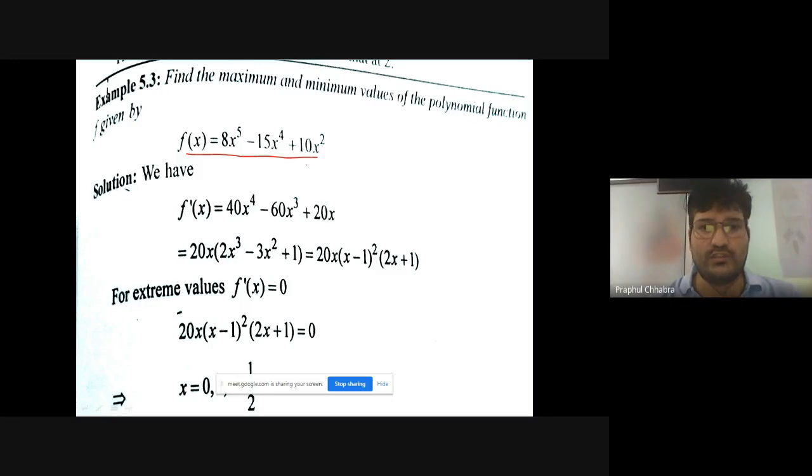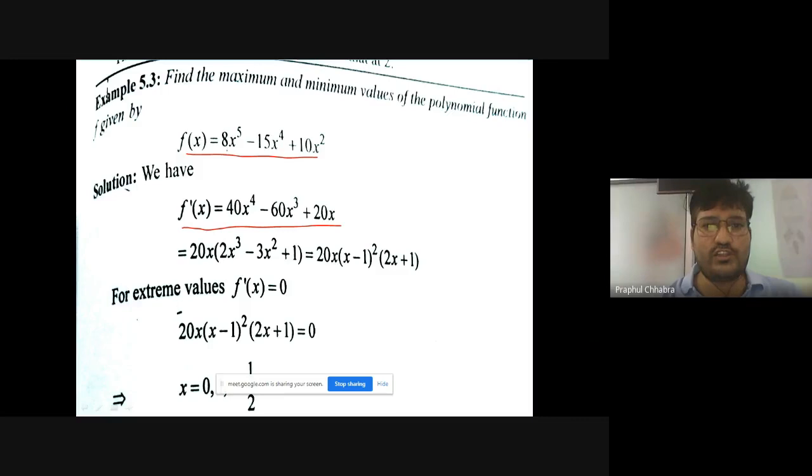So the first step for finding the maxima and minima of this function is that we have to differentiate the given function one time, and we obtain f dash x. We are differentiating with respect to x here.